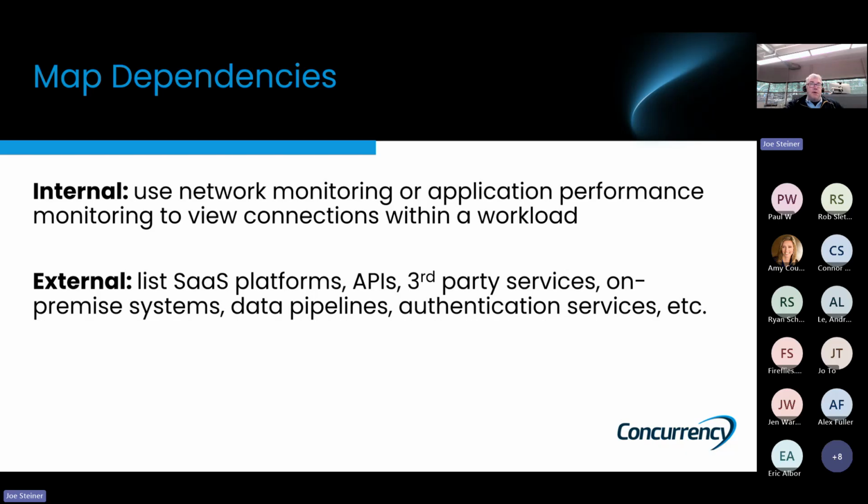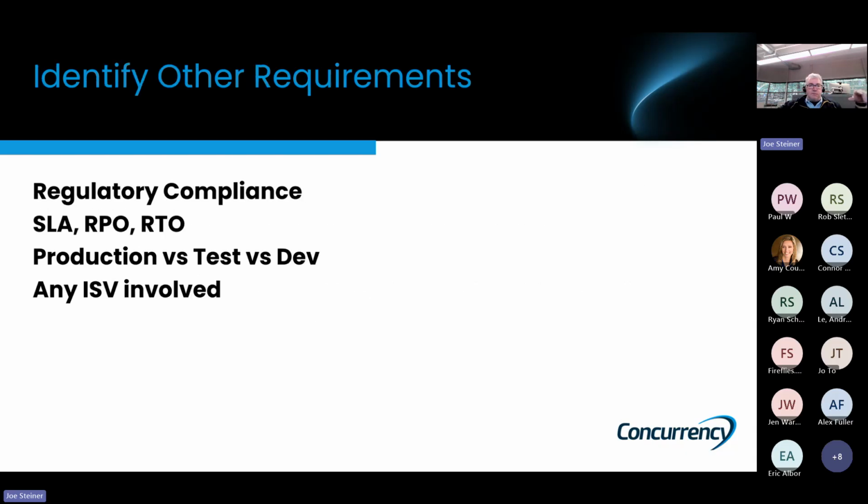That's both things that might be feeding information into your workload or application, but also things that are receiving information from it. It's good to understand all that's involved, because that will help with your migration planning and ensuring success as you go forward.